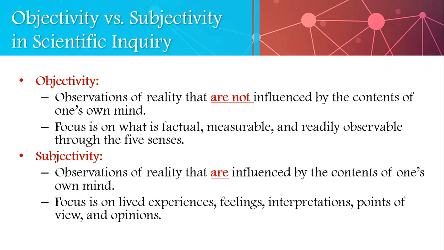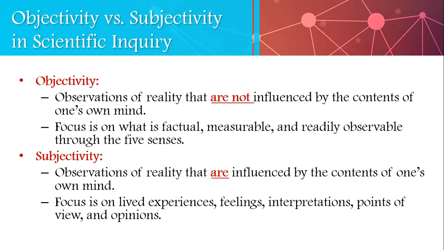On the other hand, subjective approaches to research are about observations of reality that are influenced by the content of one's own mind. Within subjective approaches, it is acknowledged that human biases are a part of the research process.